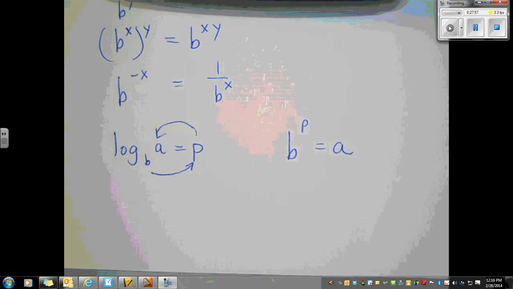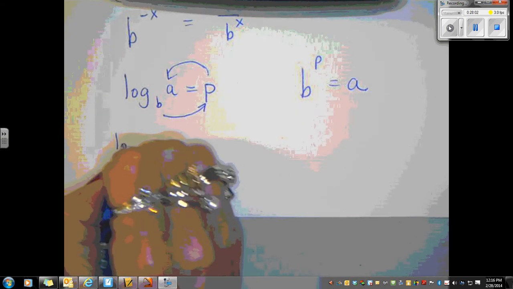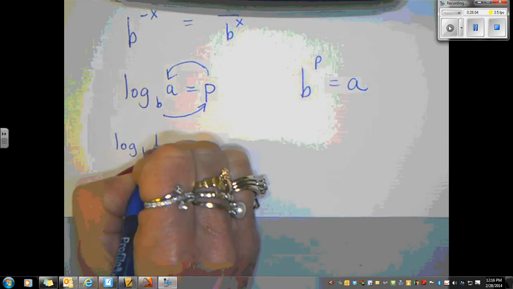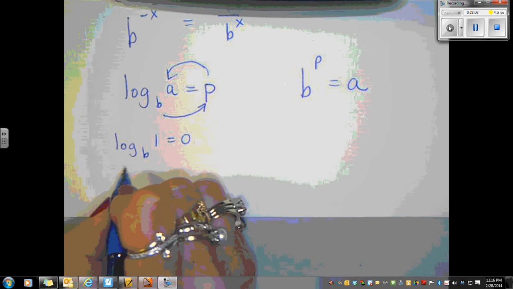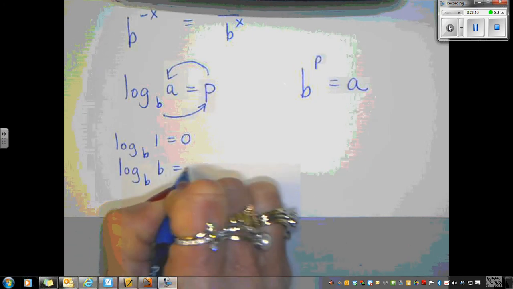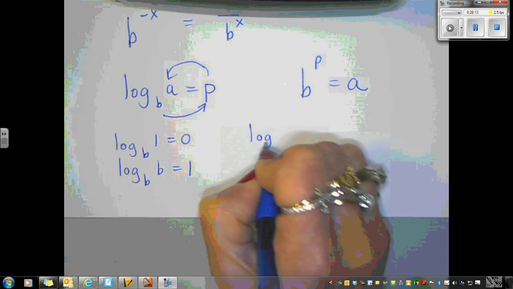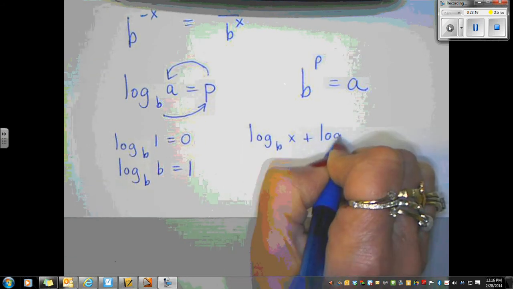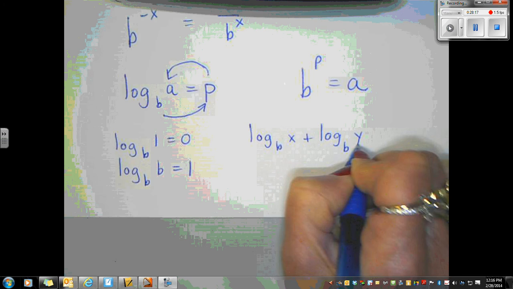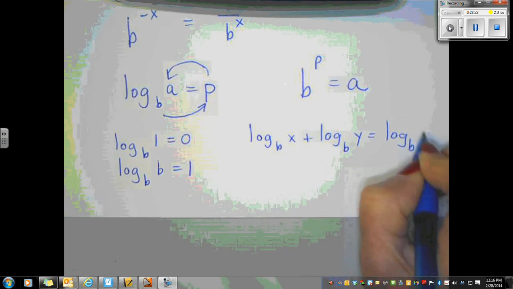Okay, let's remember some other stuff. Log base b of 1 equals 0. Log base b of b equals 1. Log base b of x plus log base b of y equals log base b of xy.